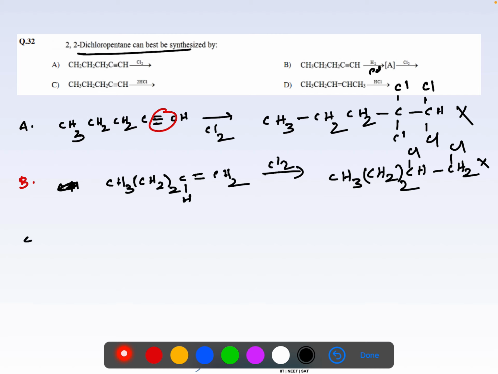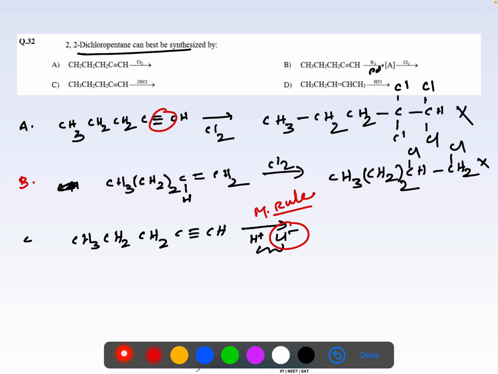For option C, pent-1-yne. So here CH3 CH2 CH2 C triple bond CH, when it is treated with HCl, H plus Cl minus, this reagent is asymmetric. Here the electrophilic addition takes place following Markovnikov rule. According to this, the chlorine will add to the carbon having fewer hydrogens.